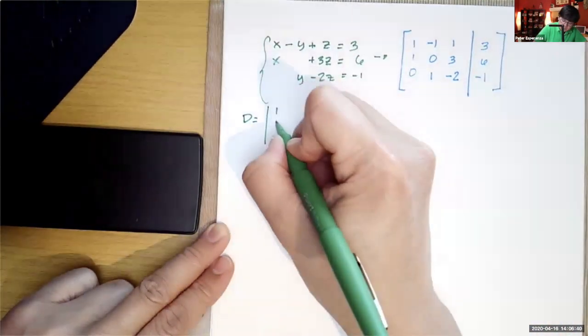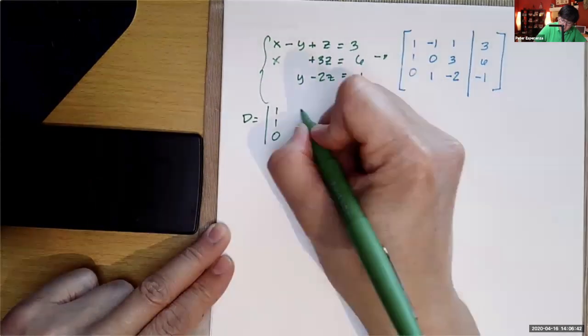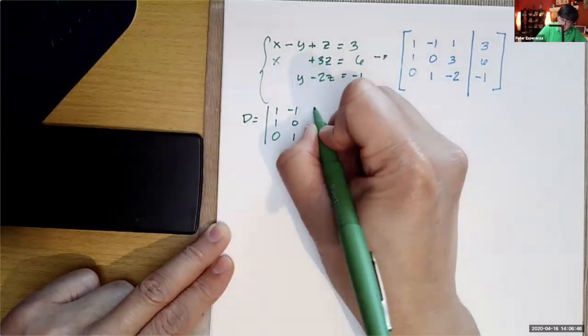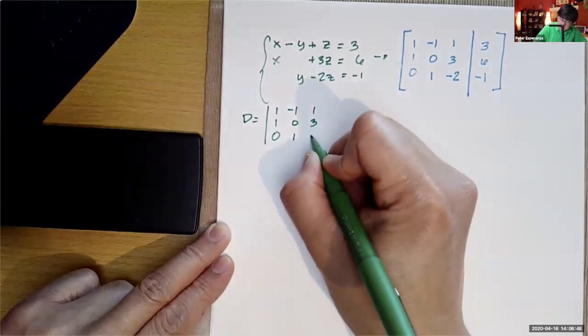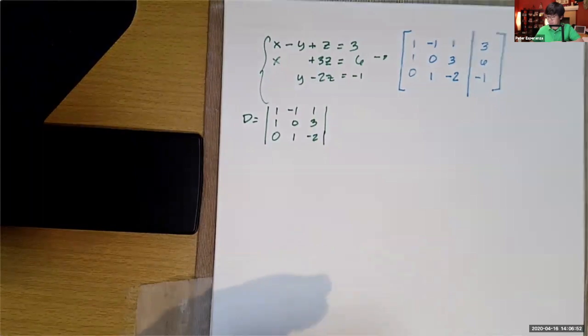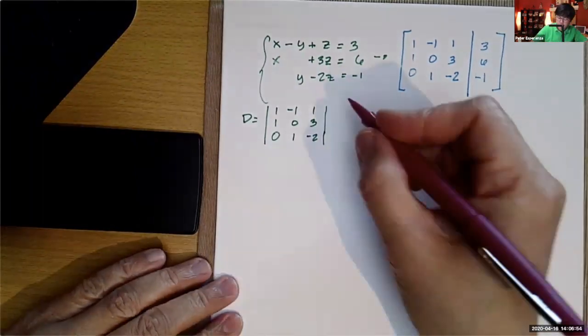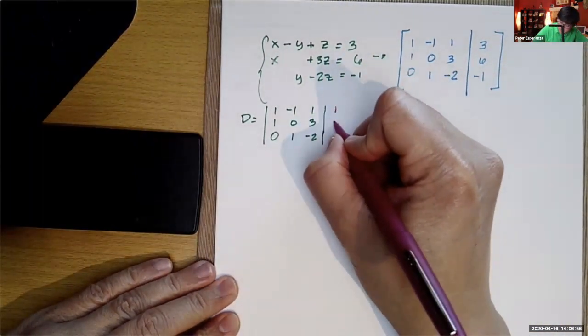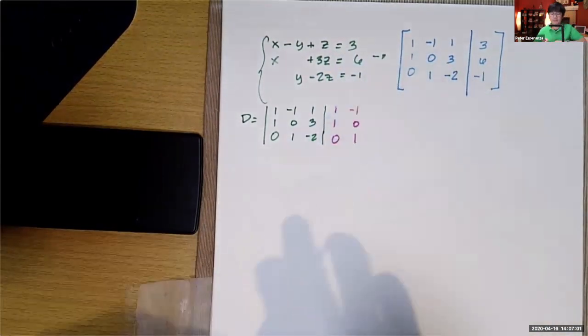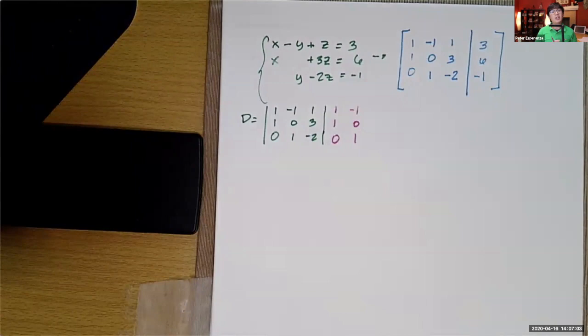1, 1, 0, -1, 0, 1, 1, 3, -2. Copy the first 2 columns. Now, we're going to do a little bit of mental math because I don't like to write too many numbers, since multiplying them is easy.